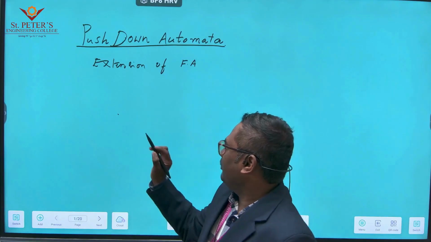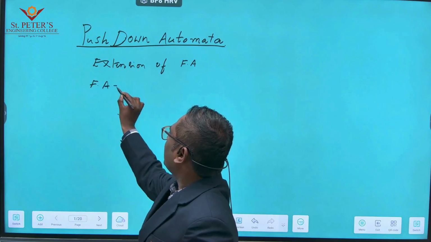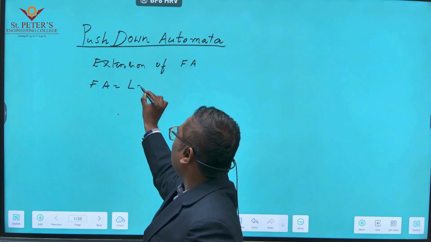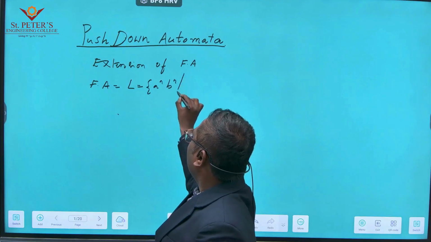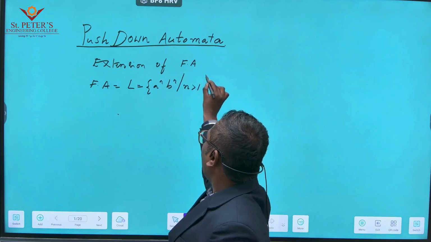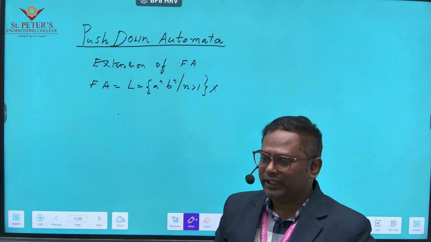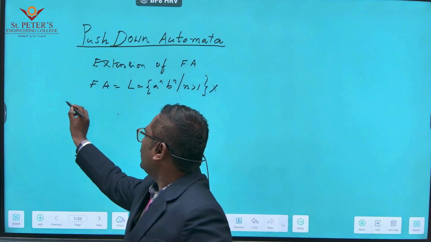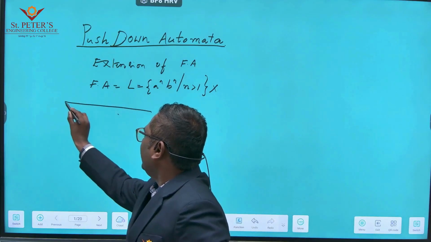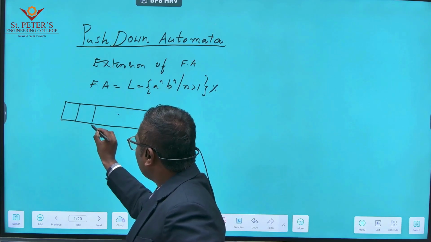For example, this finite automata cannot recognize the language L equals a power n followed by b power n, where n is greater than or equal to 1. This logic cannot be implemented using finite automata. The input tape is an area where your string is stored.